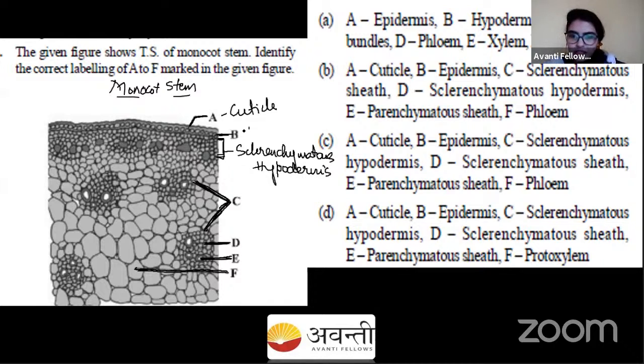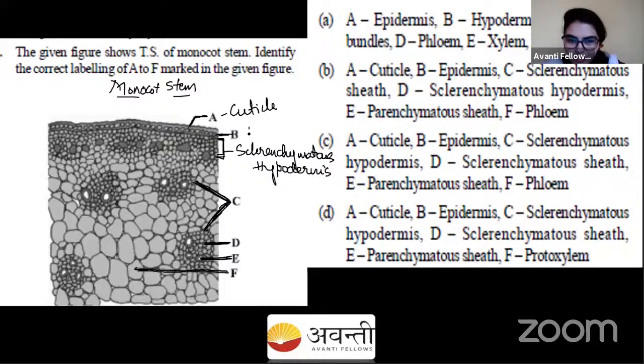This should be the epidermis, but they have given it as hypodermis. So this is a part of hypodermis, you can say. In your NCERT, they have given it as hypodermis, but that is actually epidermis.